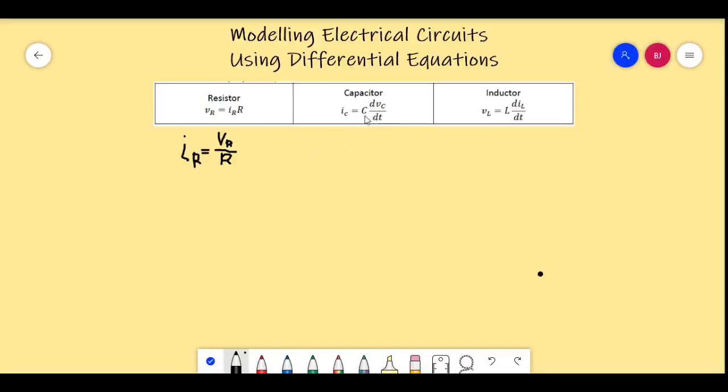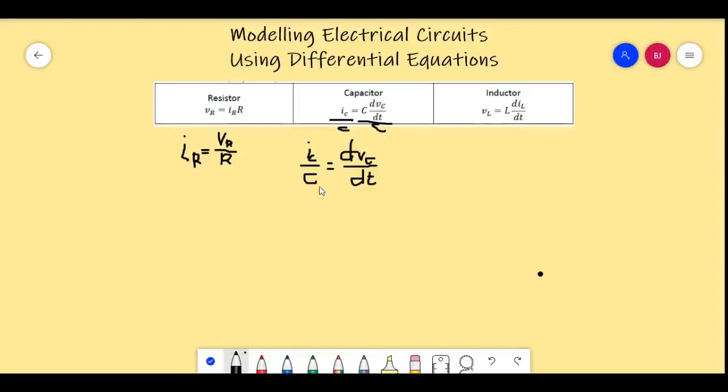But if we want to use voltage, we transfer C first, so we divide both sides by C. So we'll get IC divided by C equal to dVC over dt.